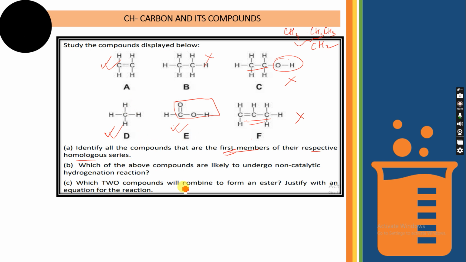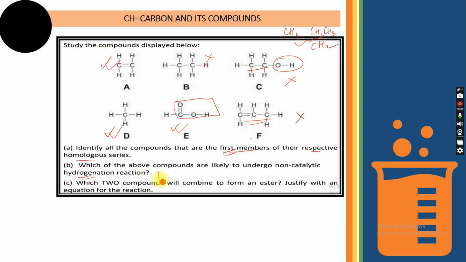Now, which of the above compounds are likely to undergo non-catalytic hydrogenation reaction? Without a catalyst, hydrogenation occurs only with alkenes. So where are the alkenes here? A and F, right?